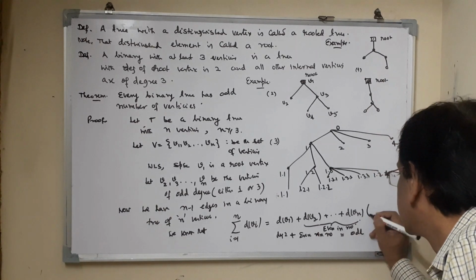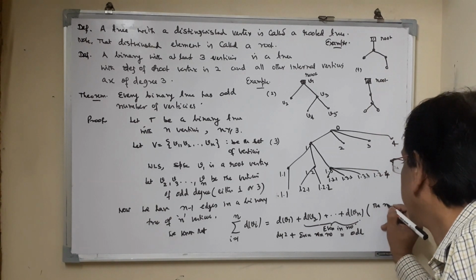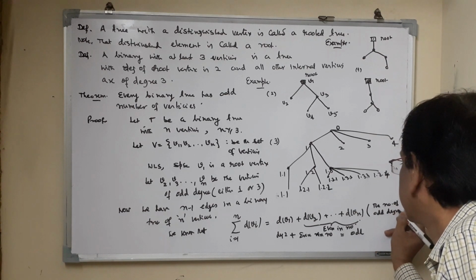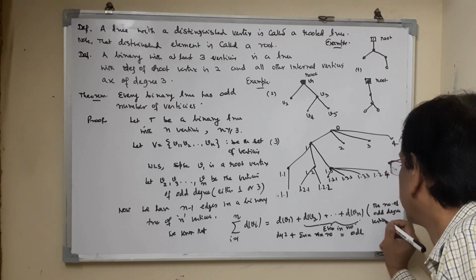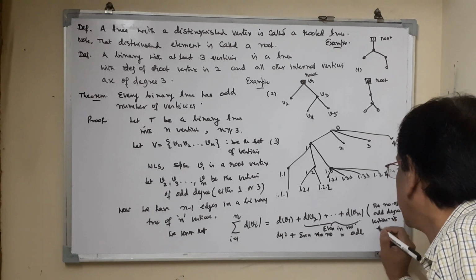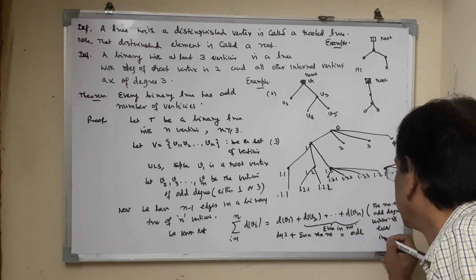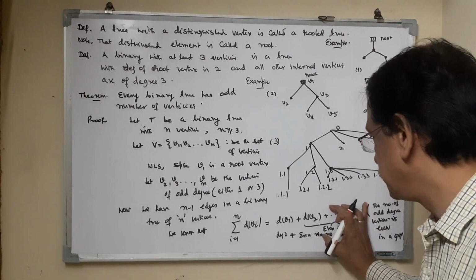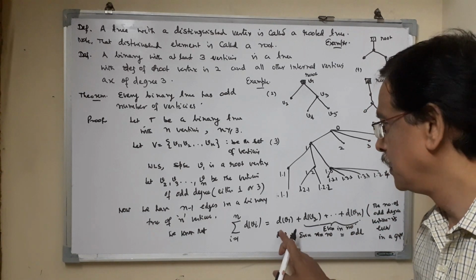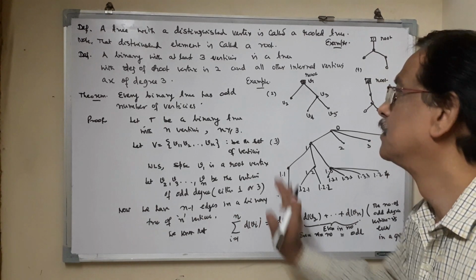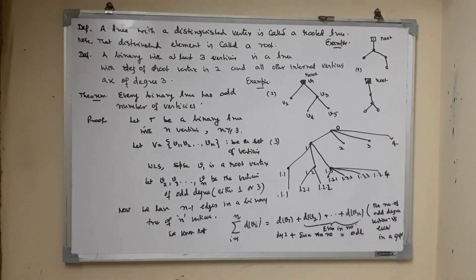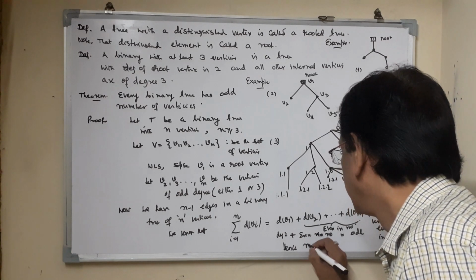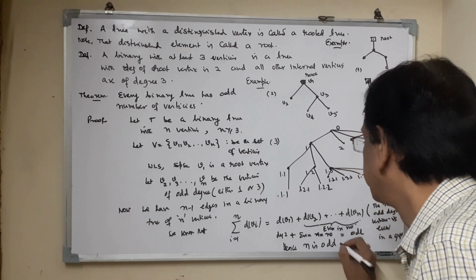The reason for this is the number of odd degree vertices is even in a graph. So these are even plus 1 odd. So the summation is odd. So hence there is an odd number of vertices. Hence n is odd. It's very, very important.